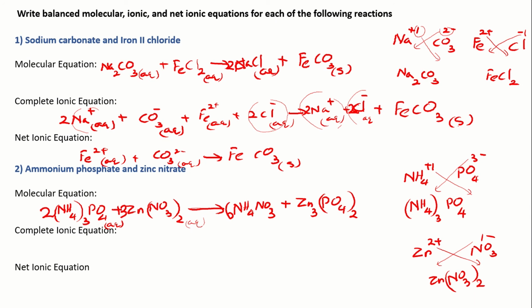Ammonium and nitrate, they are always soluble, so this comes as aqueous, and zinc phosphate. Recall solubility guidelines. Phosphates are usually not soluble. So this is going to end up in a solid state. So everything with aqueous, break them down into ions.